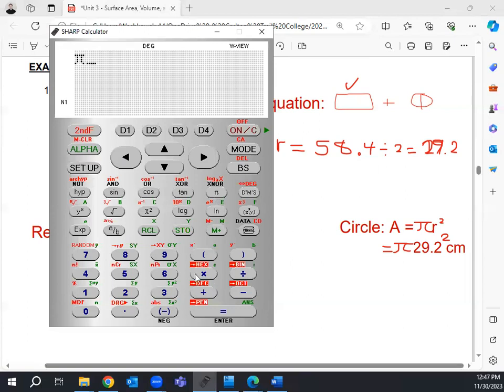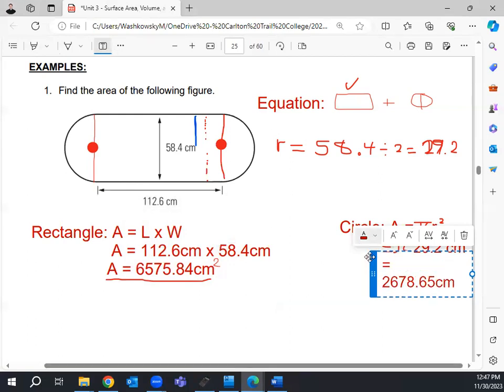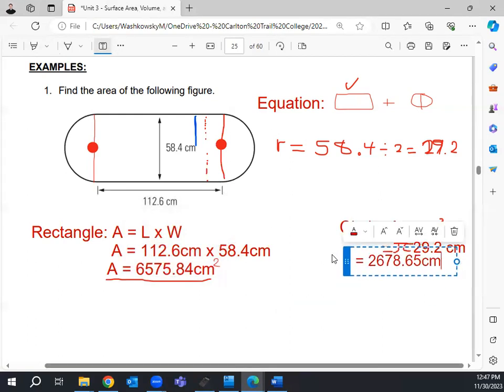Either works fine. If you do that, we turn that into a decimal. I have a figure of 2,678, and I'll just round that. So that's equal to 2,678.65 centimeters squared.